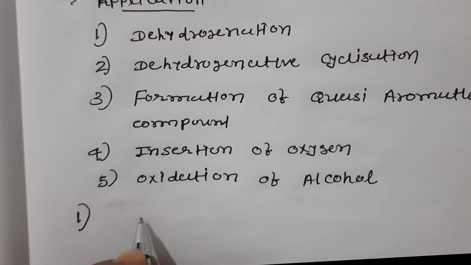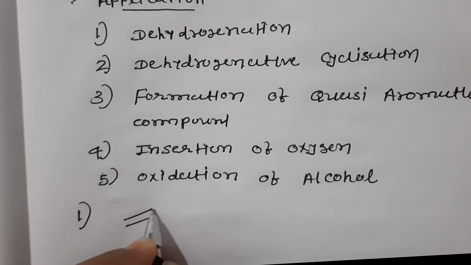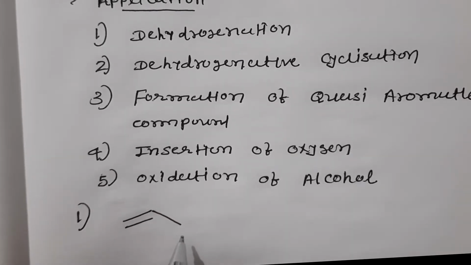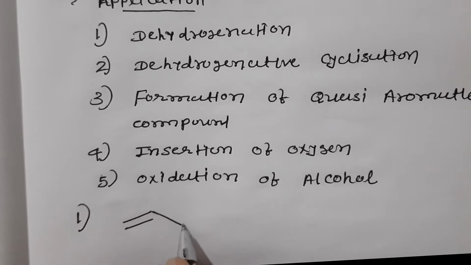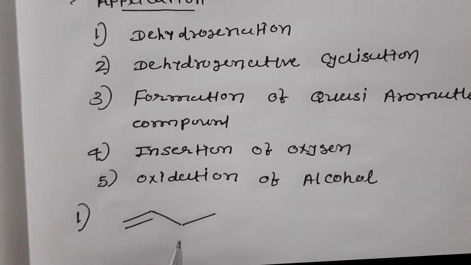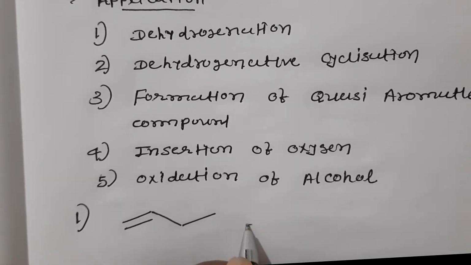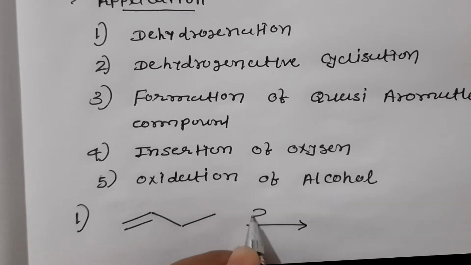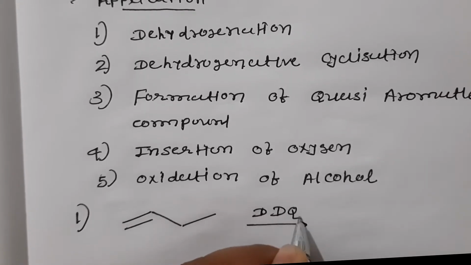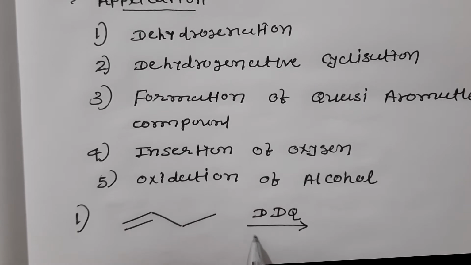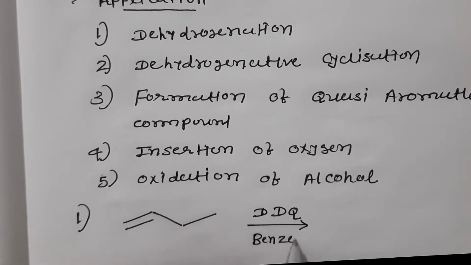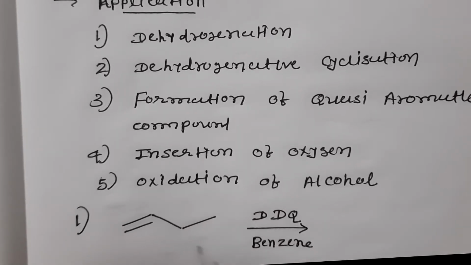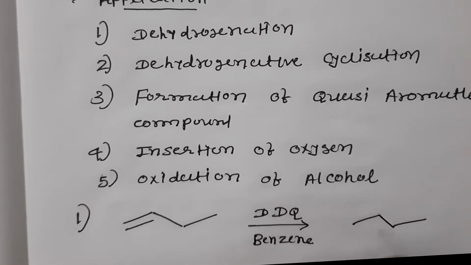For example, if we take some allylic position, some allylic group of this type, and it reacts with DDQ as reagent and benzene as solvent, another double bond is formed.